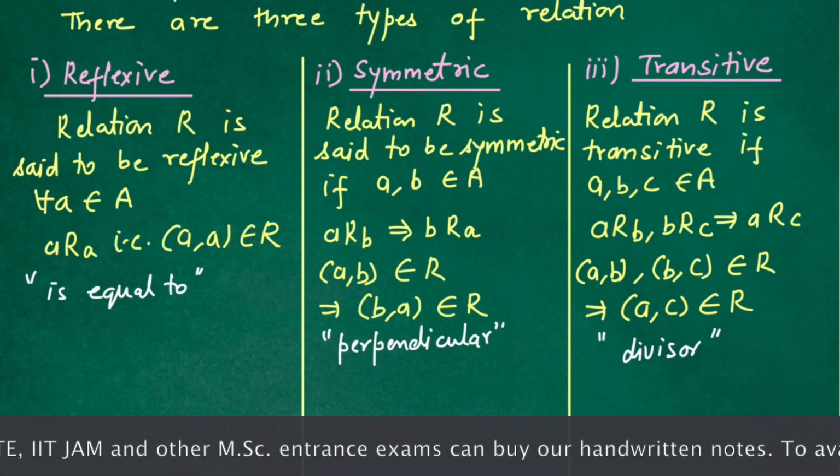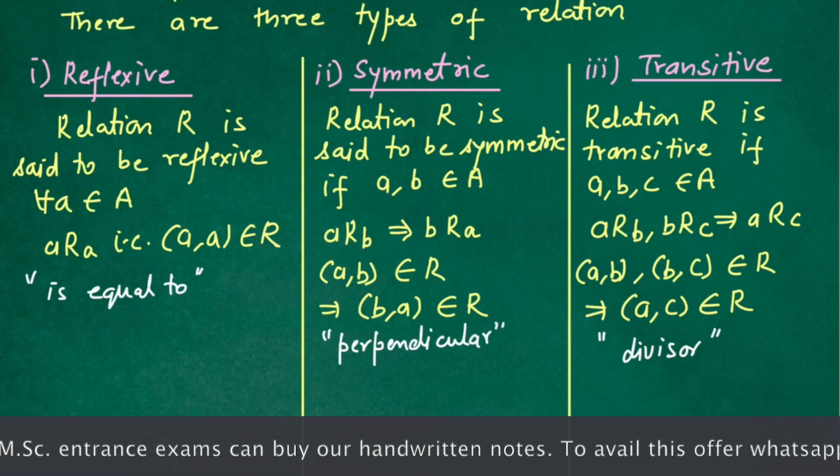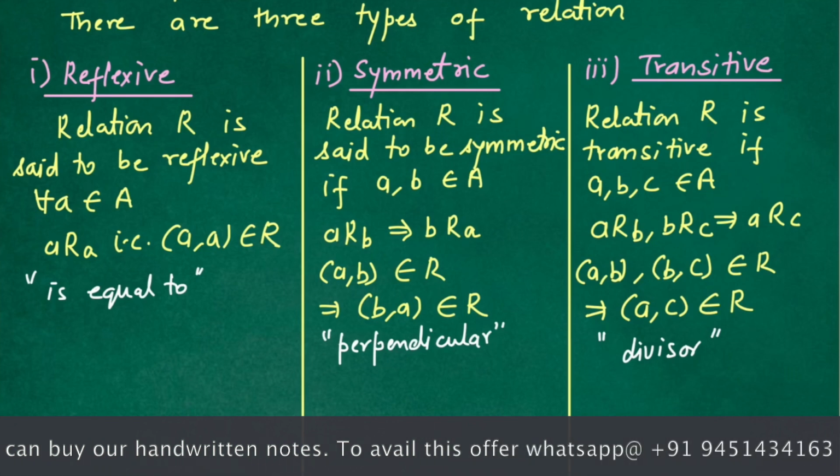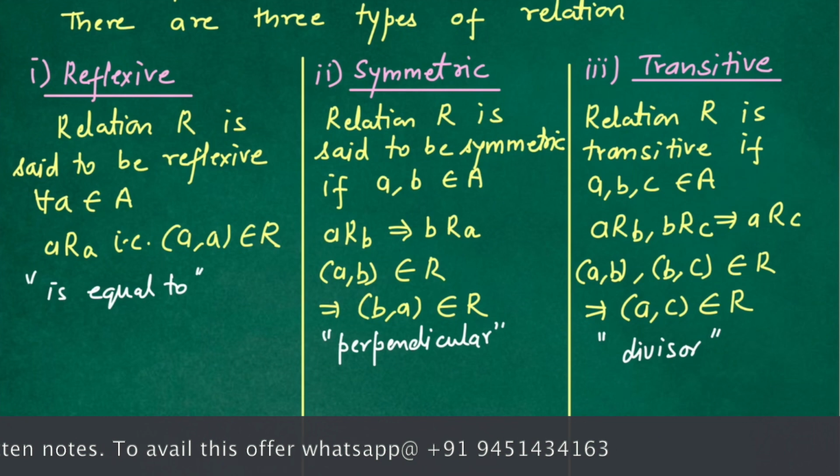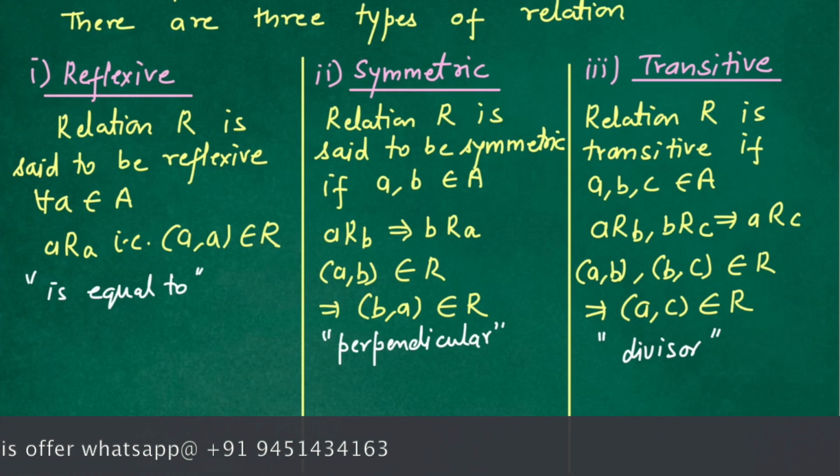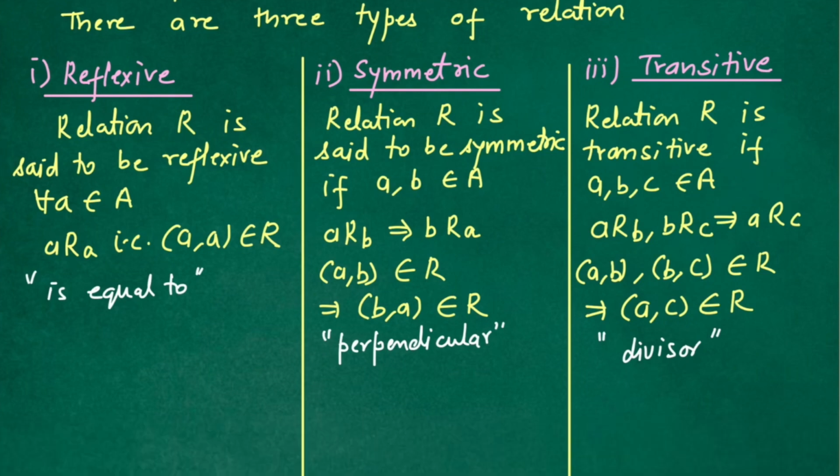Now another example, if I have set of straight lines in two dimensional plane, and relation is perpendicularity. So if I say A is perpendicular to B and B is perpendicular to C, then is A perpendicular to C? No. Why so? Let's see.